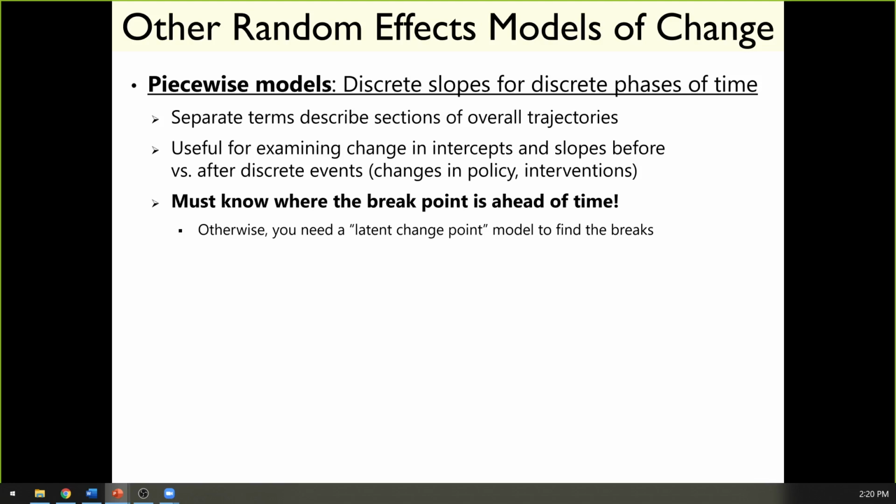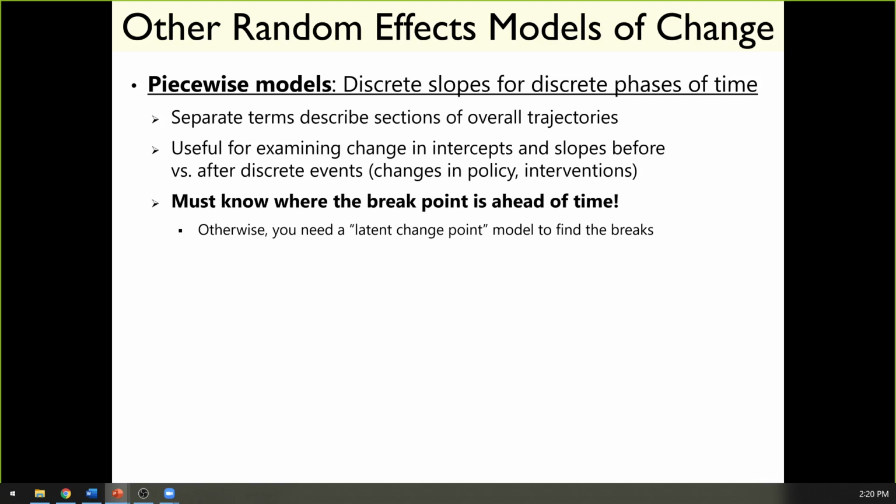So in the context of longitudinal data, piecewise models map directly onto multiple intervention types of studies where you have a slope for occasions that happen before and a slope for occasions that happen after.